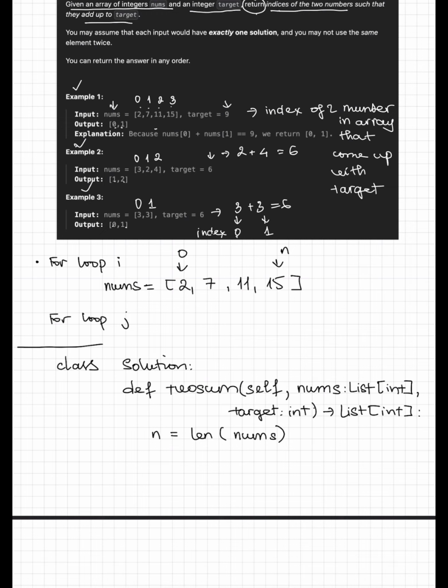So first we have a for loop, for i in range(len(nums) - 1). It means that our index will run from 0 to the length of nums minus 1.